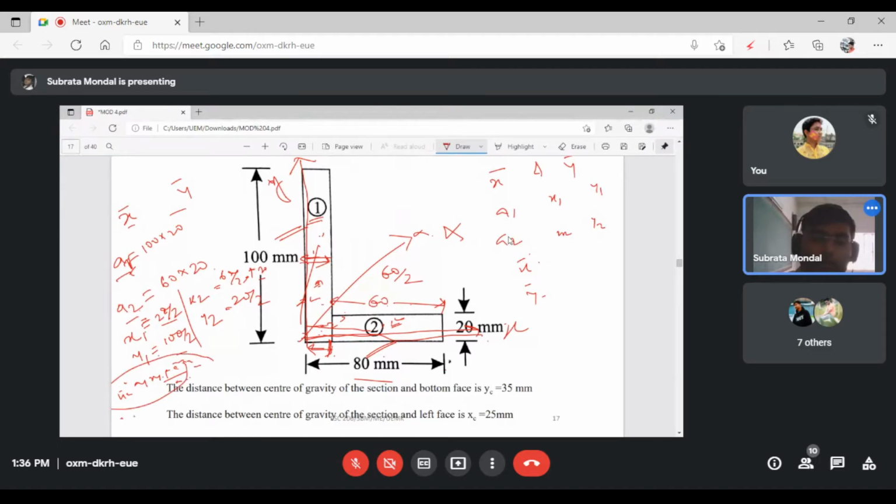Then y bar is, in a similar way, a1 y1 plus a2 y2 divided by a1 plus a2. In this way you can easily calculate the center of gravity of any object. The answer is already given for this particular figure: the centroid will be 35 millimeter along x-axis, and along y-axis the center will be 25 millimeter.